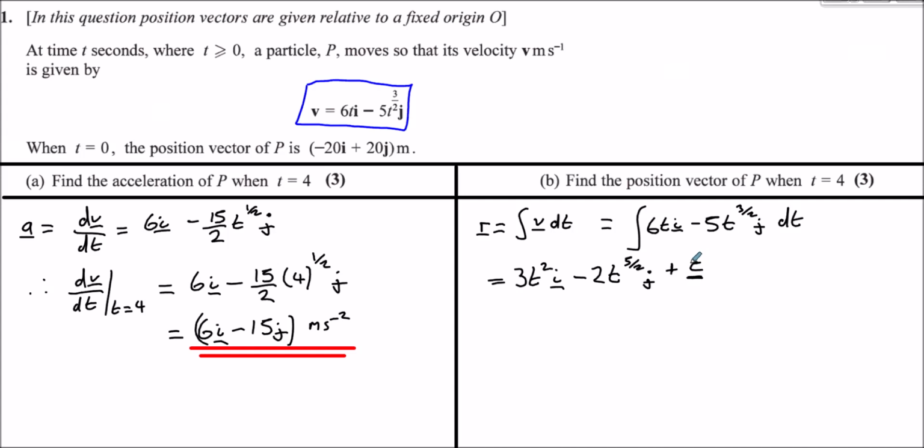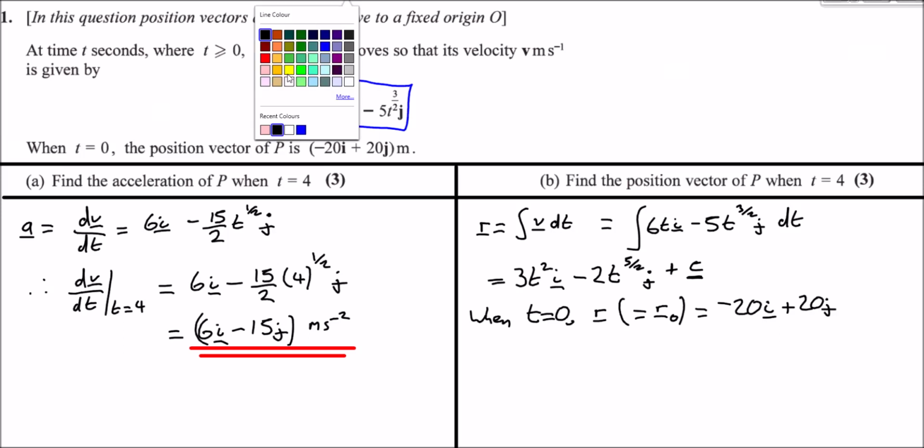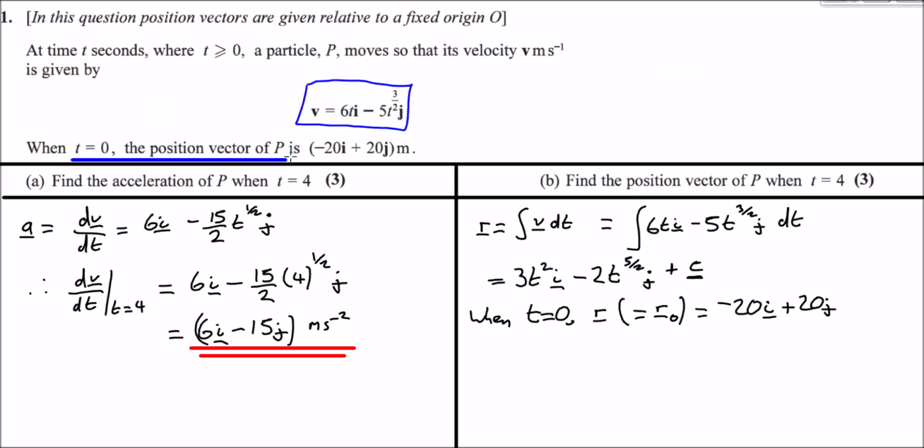Just to link it back to normal integration, I now have to think about how we find the constant. We have to substitute in a known point. We're told the position vector when time is 0. So what I can sub in here is that when t is 0, r, which I suppose you can say is r0, is minus 20i plus 20j. I've got this essentially from this bit of information within the question. So now I can substitute this in.